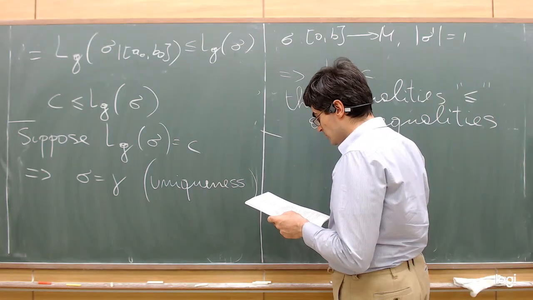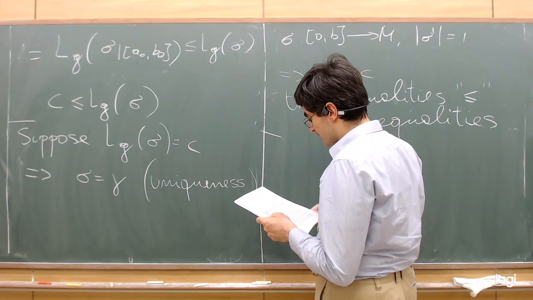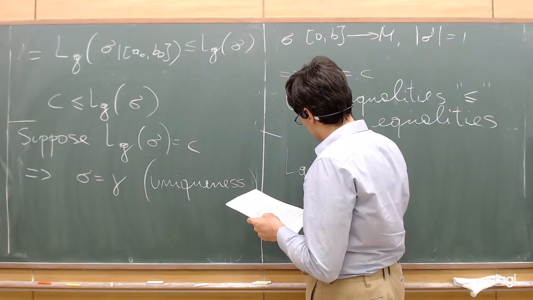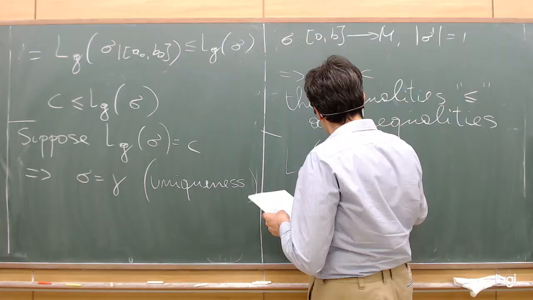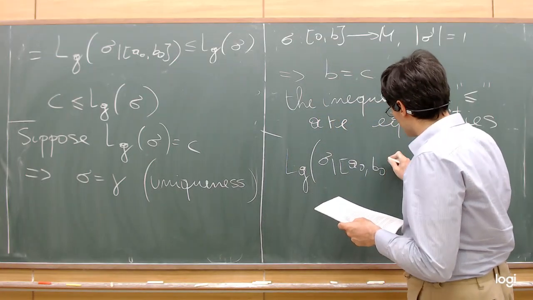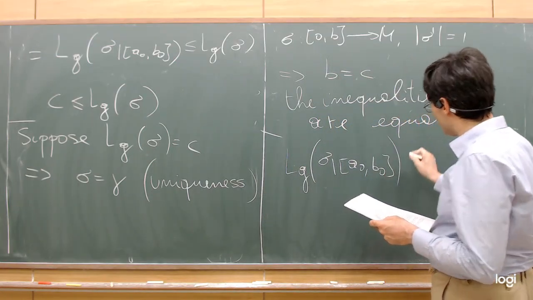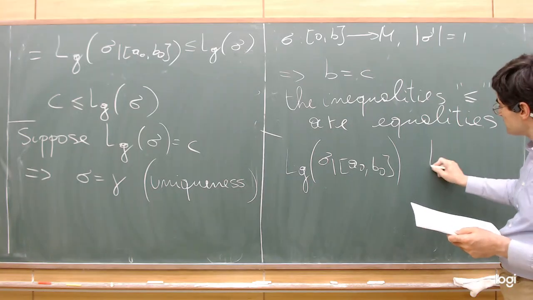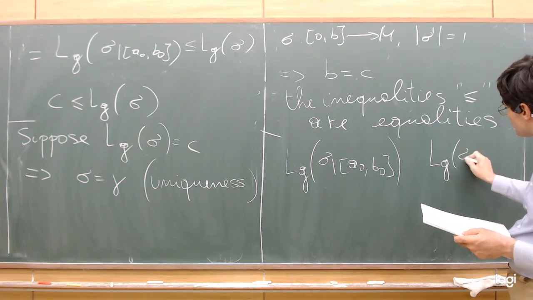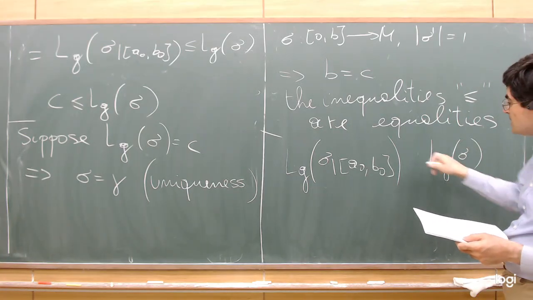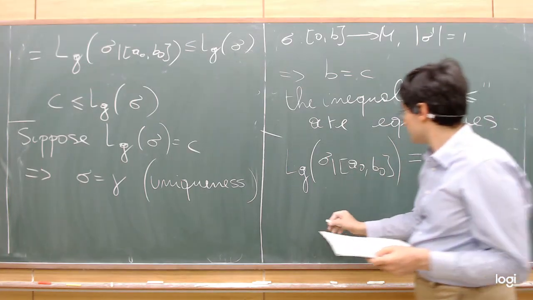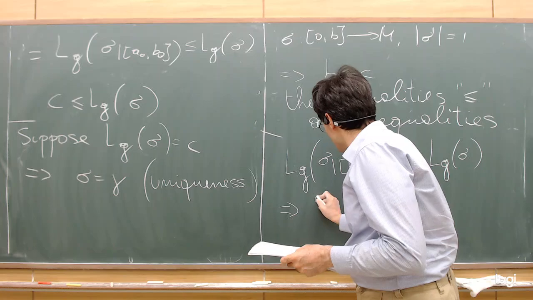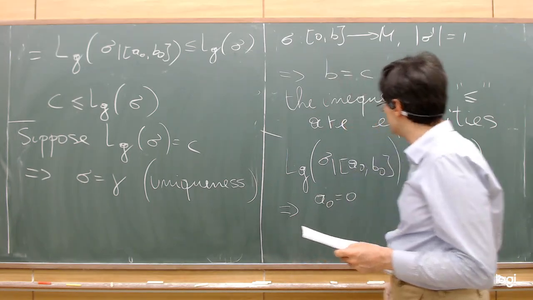So first of all, the fact that this is not smaller than this, but it is exactly equal, implies that A0 must be 0.